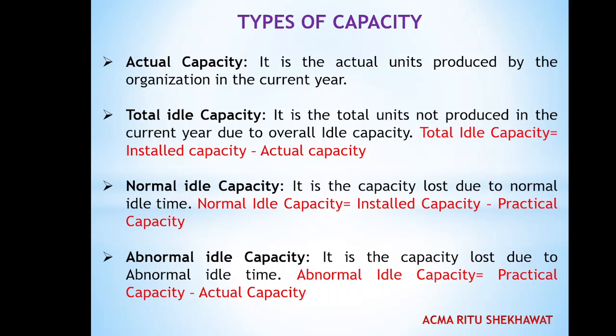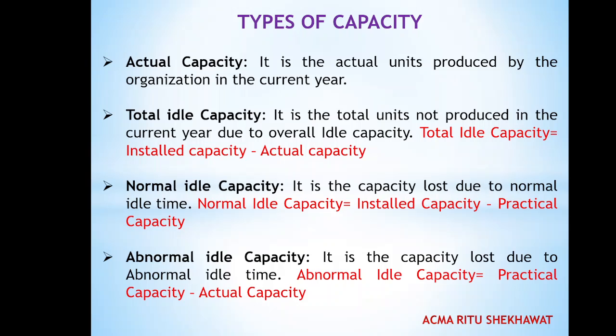It's usually expressed as a percentage of installed capacity. Total idle capacity is installed capacity minus actual capacity. Whatever the total maximum capacity minus the actual capacity produced is the total idle capacity.